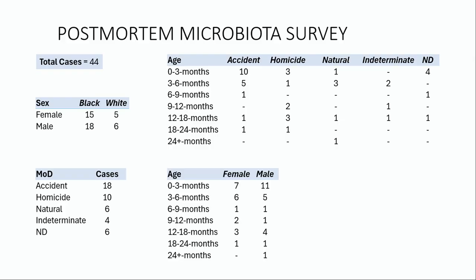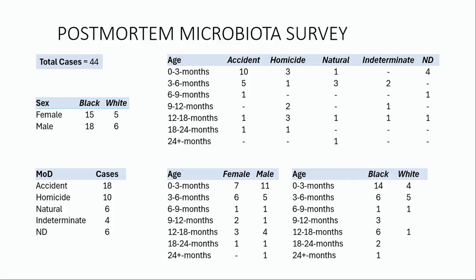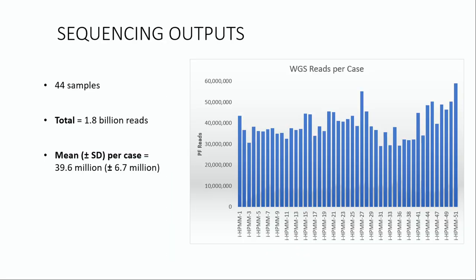Again, we had males and females, relatively similar in terms of their structure for what cases we were sampling, and more black individuals than white individuals. This is a random sampling of what was coming into the Wayne County Medical Examiner's, and so we didn't have a bias as to selecting one race versus another race. This is just a representative sampling of the population of Wayne County.